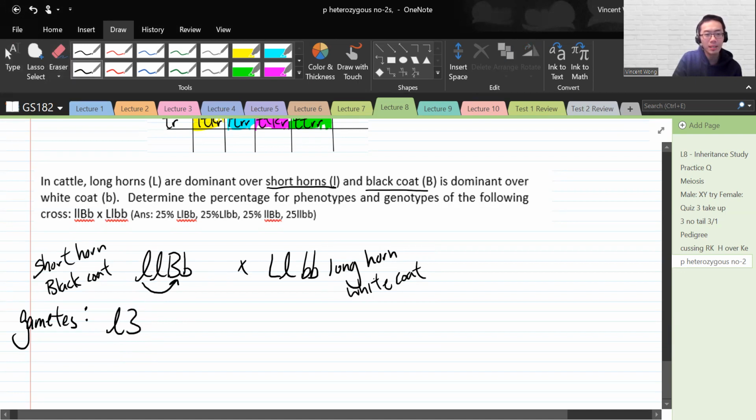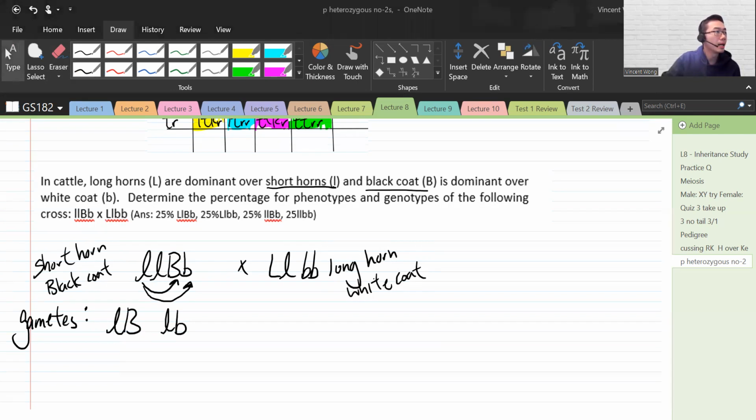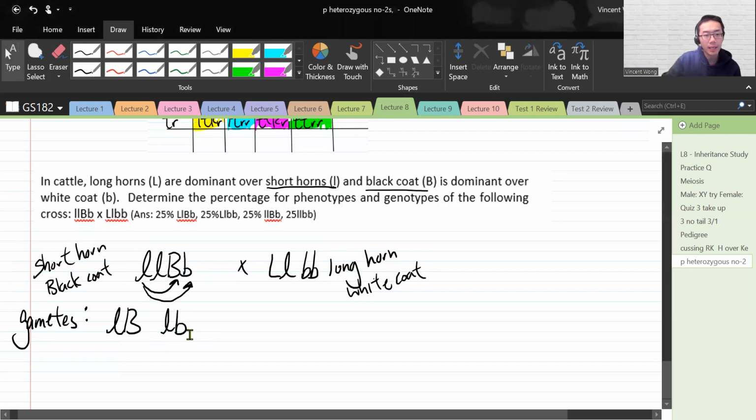Small l and big B. And then what about this one? Small l and small b, right? I think my app is not really working too well here. Is it working? Okay, it's coming back now. And then what about here? Big L, small b.